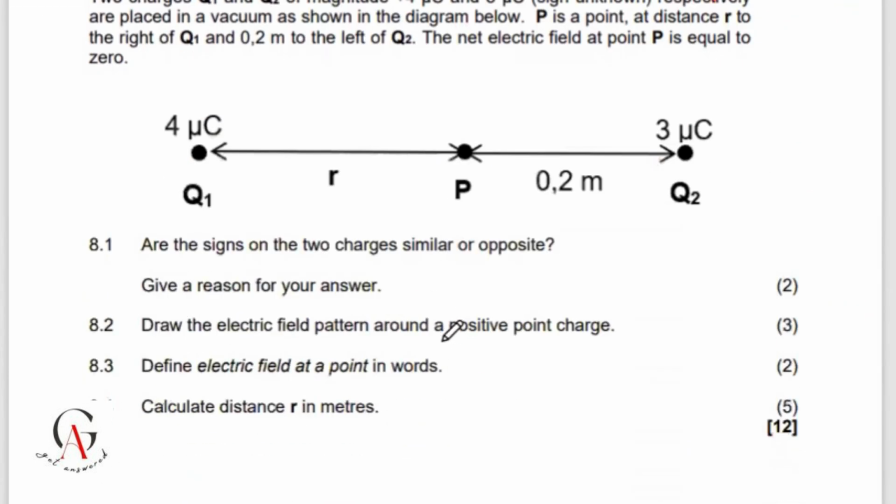Then question 8, two charges, Q1 and Q2, of magnitude given and the sign unknown respectively, are placed in vacuum as shown in the diagram. P is a point at a distance r to the right of Q1, which is 0.2 meters, and so on. The net electric field at point P is equal to 0.